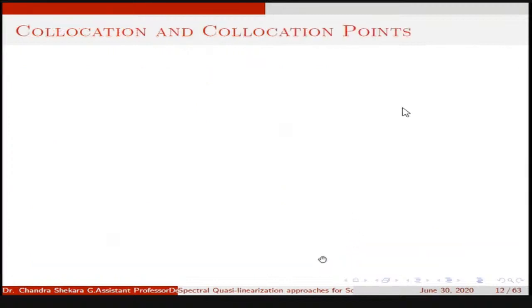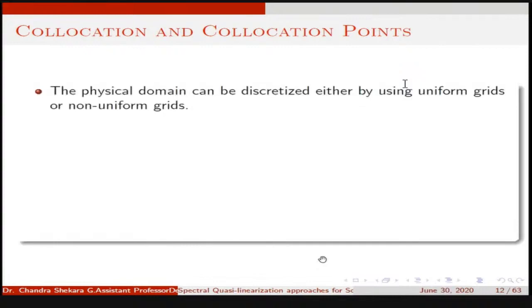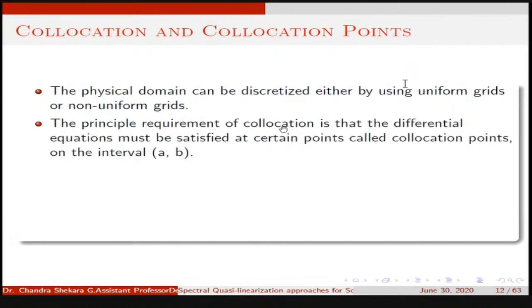Then the second step in this collocation method, as I mentioned, is the discretization of the physical domain. The physical domain can be discretized either by using uniform grids or non-uniform grids. The uniform grid is actually used in the finite difference method, but in this case we use the non-uniform grid instead.